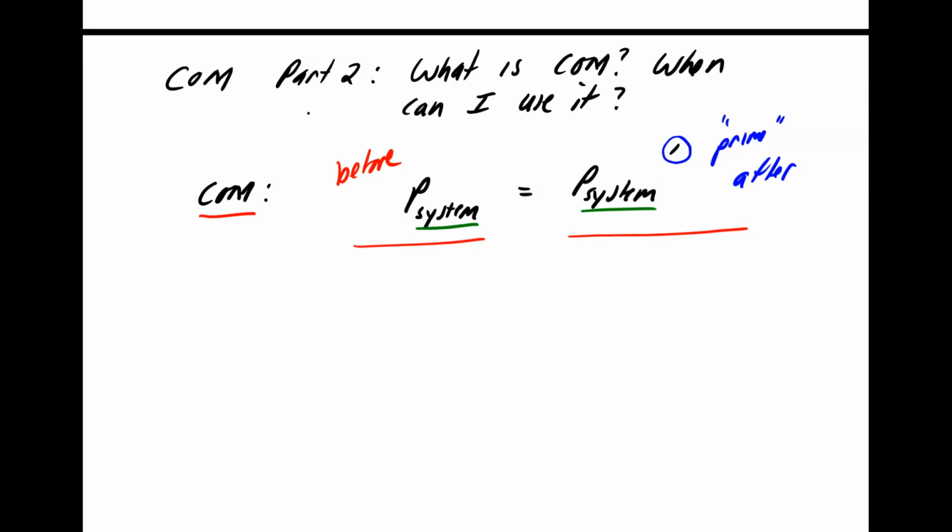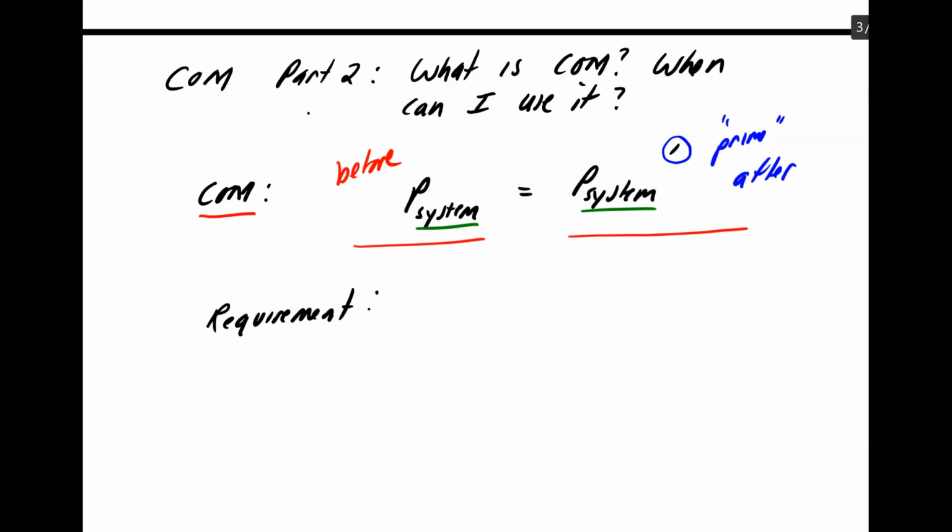We might lump the father and the daughter together and think of them as a system of objects. More on that later. But that's what conservation of momentum says: under certain circumstances, the momentum of a system will not change. So what are the requirements for us to say that?